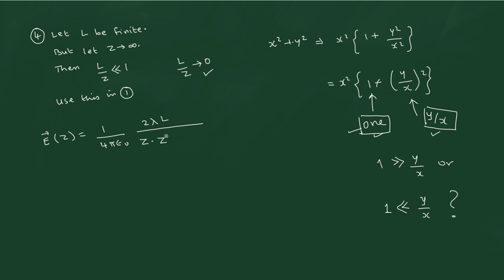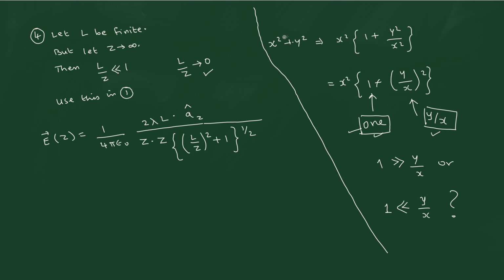So Z square becomes Z. Then into L by Z whole square, then plus 1, then you have to the power half. And then of course unit vector is there. I'll write down here itself. And that is the AZ unit vector. So now you can see that this should not disturb you. So let it be like this.